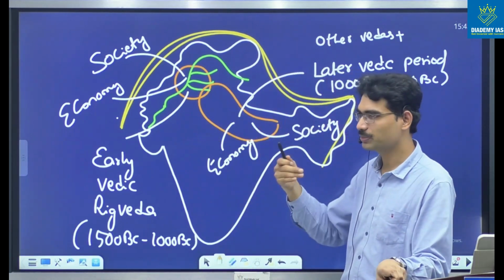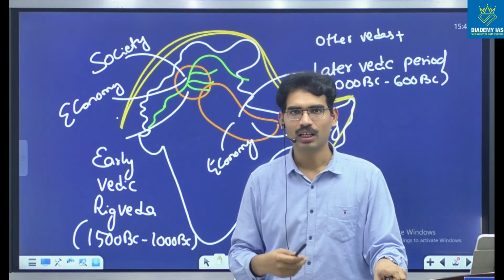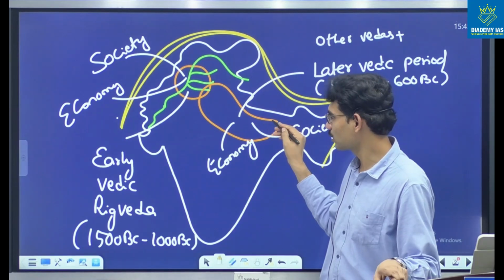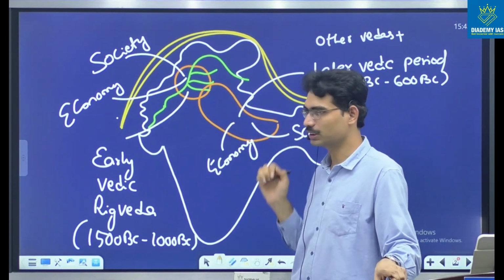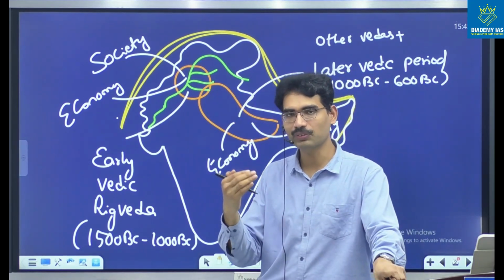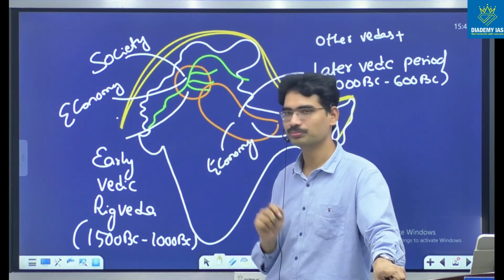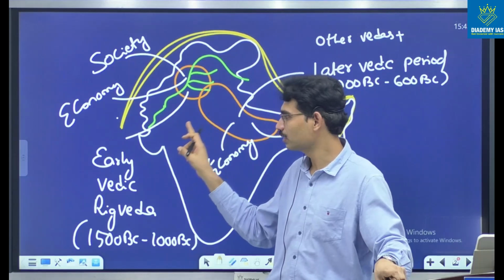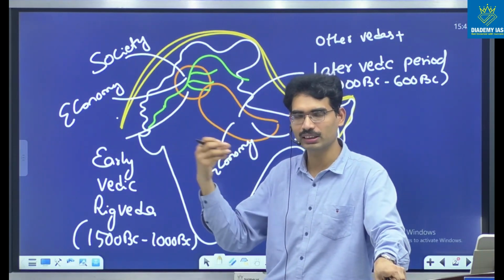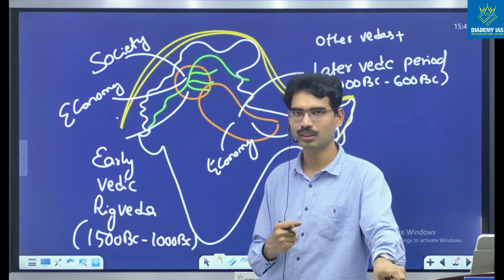Now artisan activities became even more complex. And now when it comes to trading activities also, here they were trading with distant areas also. Sometimes even the Samudra, the sea, was mentioned. Probably less frequently, at least they touched the sea also.